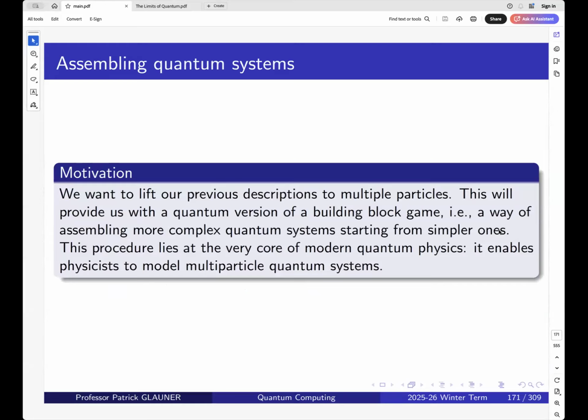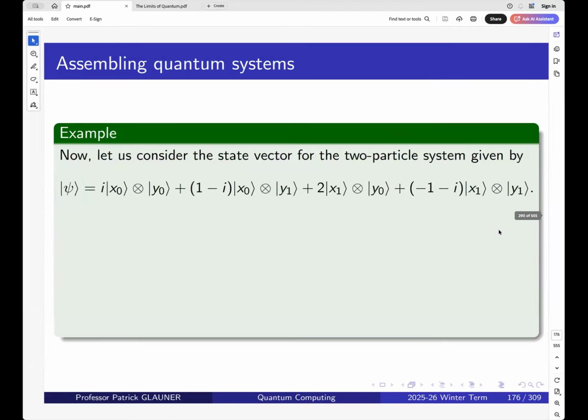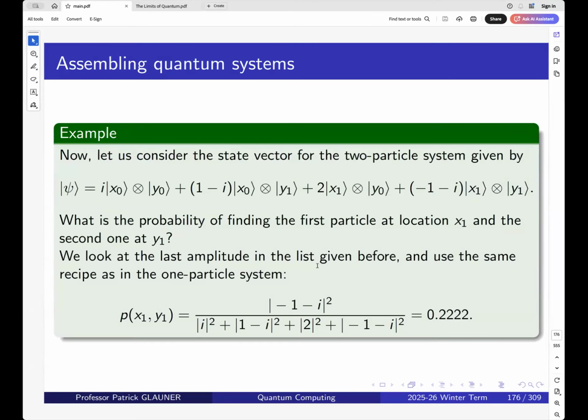Then we assembled quantum systems, and we saw how we can then interpret superpositions of these basic states, or two basic states coming from these two systems we are assembling. We looked at a few examples also with regards to the probability of observing the particles at specific positions in the individual states after measurement.